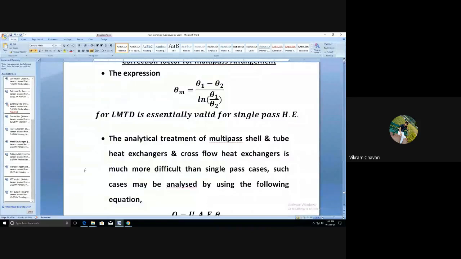The analytical treatment of multipass shell and tube heat exchangers and cross flow heat exchangers is much more difficult than single pass cases.